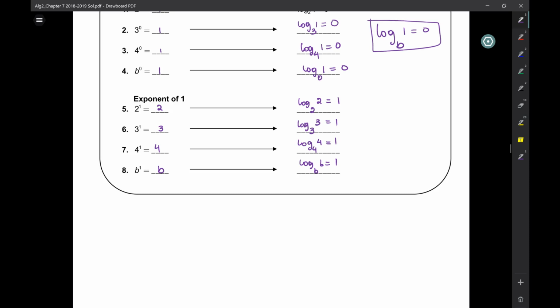How could we say that? Well, the base and the answer are the same, which makes it 1. Right, so it doesn't matter what the base. If you want your value to be the same as the base, then the exponent is 1. So the property says log base b of b is always 1.